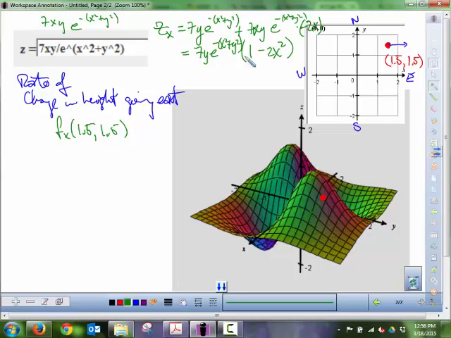So if I put in that point (1.5, 1.5), I should get a negative number. Okay, can you guys do that for me?